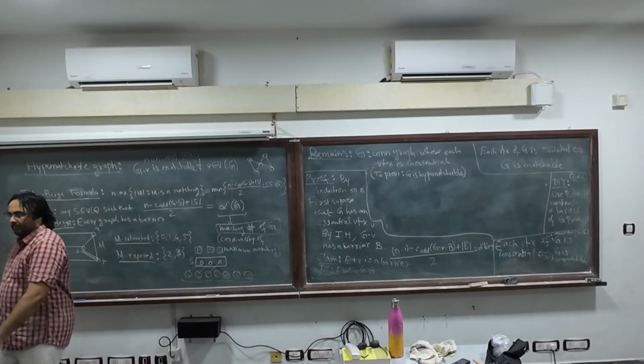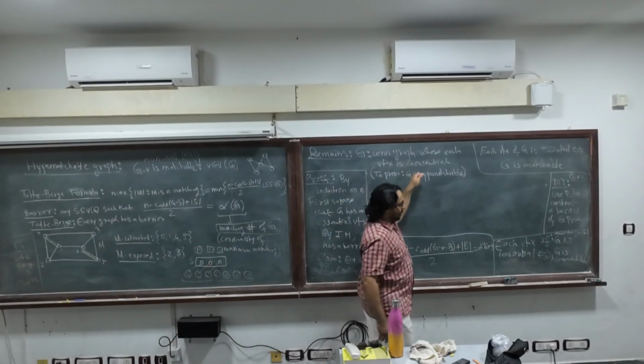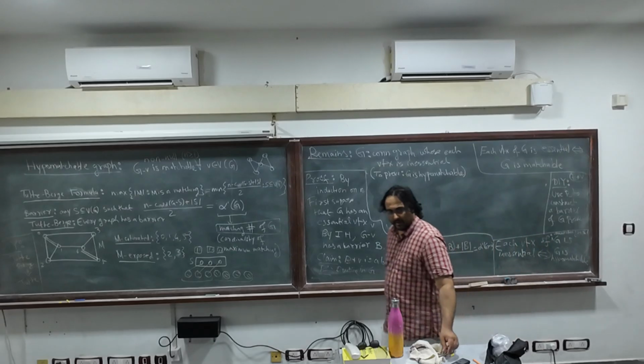Yeah? Okay, so before we proceed, let me just make sure we all agree. If we prove this, we are done with Tutte-Berge theorem. Therefore, we are done with Tutte theorem, and therefore we are done with everything we proved today. Because that's the only thing we used in life.